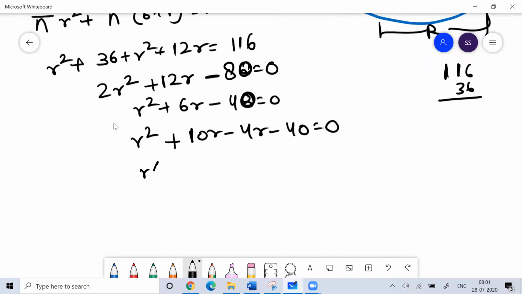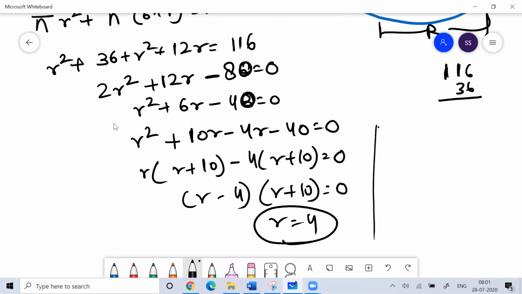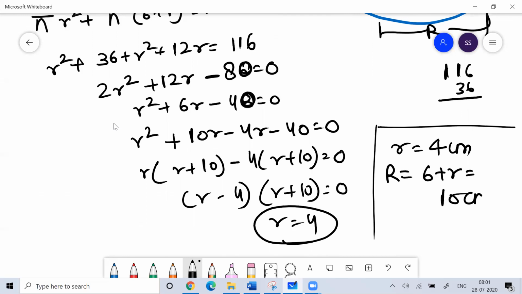Then if you take r common, r into (r plus 10) minus 4 into (r plus 10) equal to 0. So (r minus 4) into (r plus 10) equal to 0. So the value of r you get is 4. So r is 4 centimeter, and then the capital R would be 6 plus r, that would be 10 centimeter.